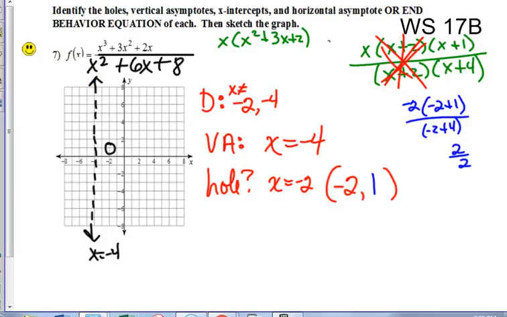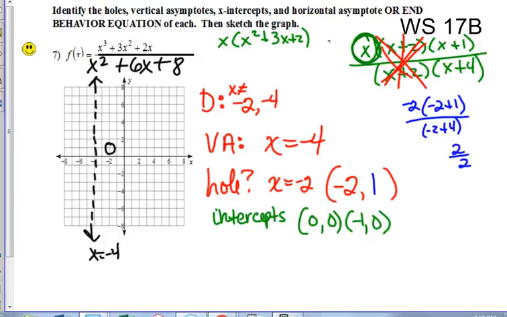Okay. What about intercepts? That would be negative 1, 0 and 0, 0. This plain old x makes 0 an x-intercept. Yeah.